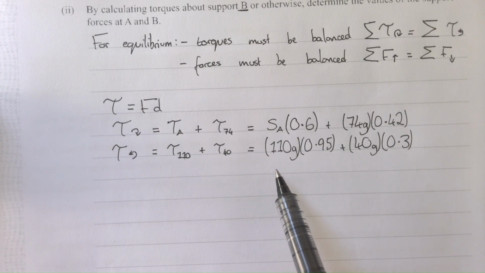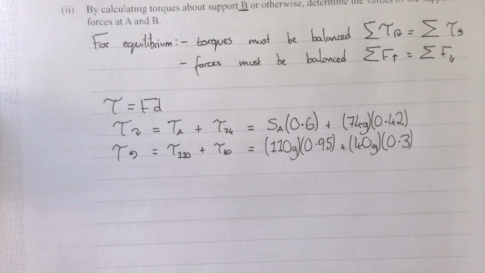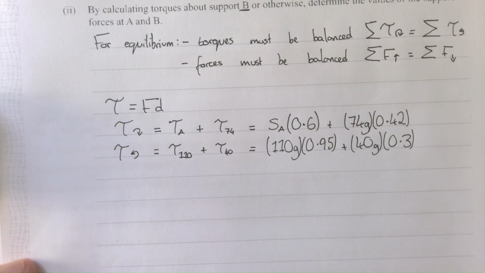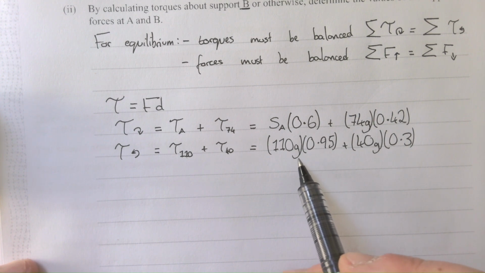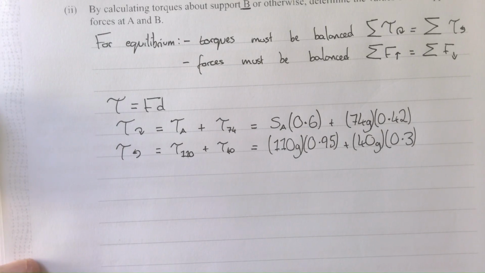I'm confident I know what I'm doing, so I'm not going to work them all out individually. In theory, the more calculations you do individually on a calculator, the more chances of making a typing mistake there are, and it also just takes more time. So if you keep it all uncalculated and just do it all at the end, often it's quicker, but you can get an achieved mark for this question just by working out any torque. So if you're in doubt, just work out one of them. It has to be correct, but yeah.